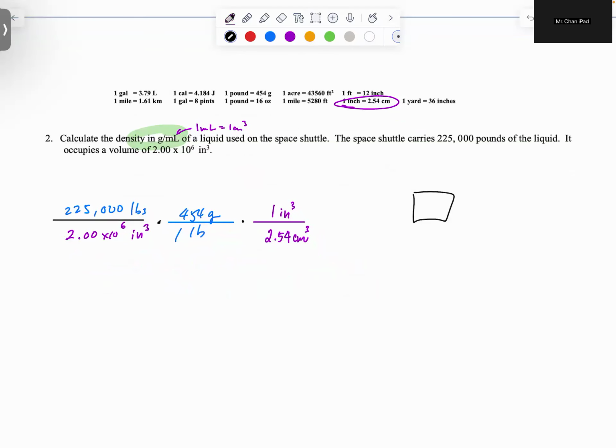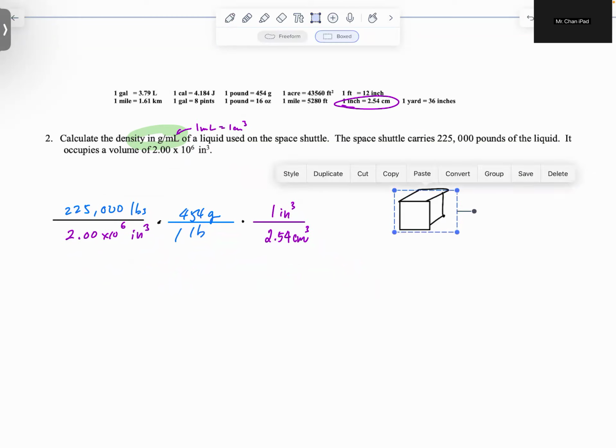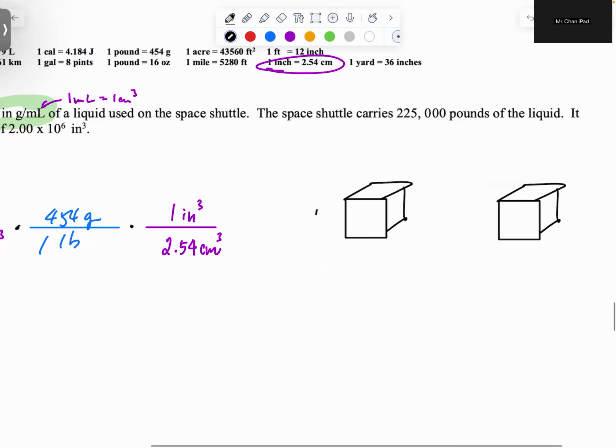So I've got a little easy understanding for you here. All right. So let me go ahead and draw this cube right here and duplicate it. It's a perfect cube, even though I'm not drawing it perfectly. It's 1 inch for all sides right here. On the other hand, it's the same thing as saying 2.54 centimeters, 2.54 centimeters, and 2.54 centimeters.